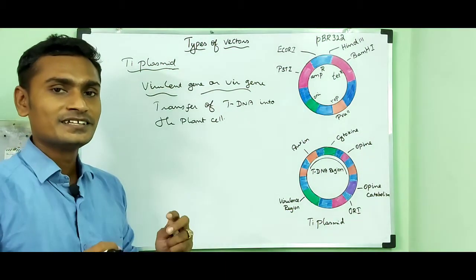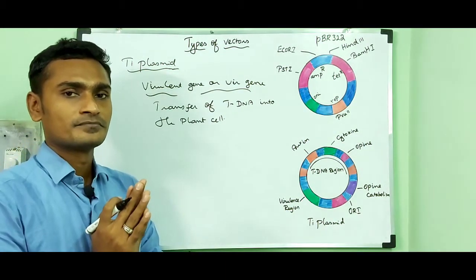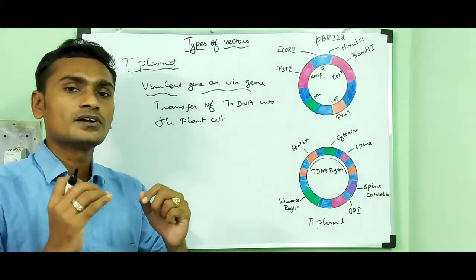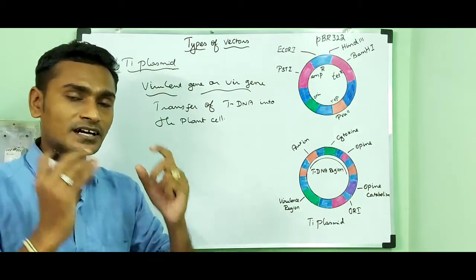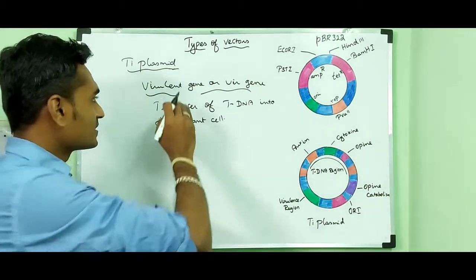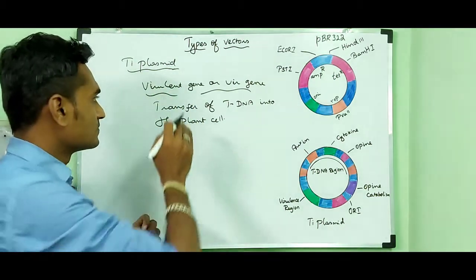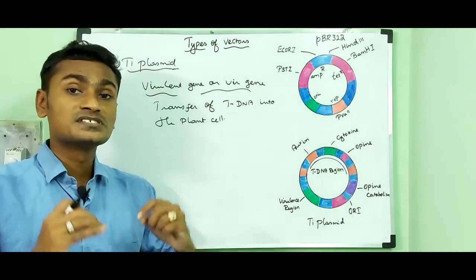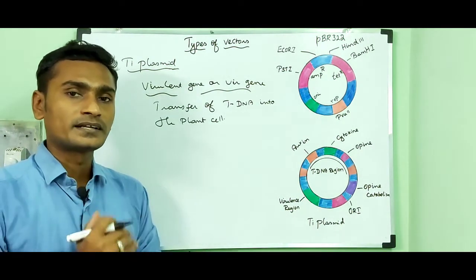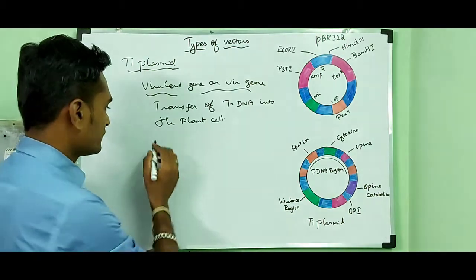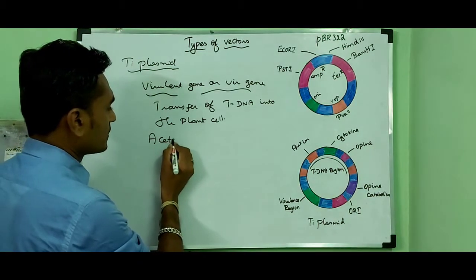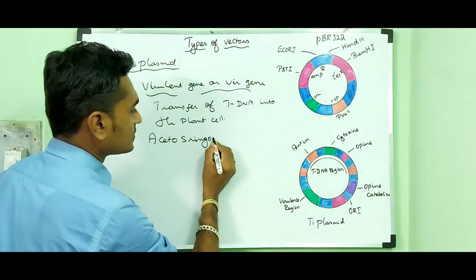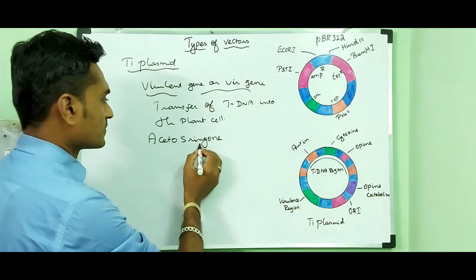But it needs a condition, that is, the plant should produce a phenolic compound, and that compound activates this virulent gene. So this virulent gene has to be activated by a phenolic compound which is secreted by the plant, and that compound is called acetosyringone.